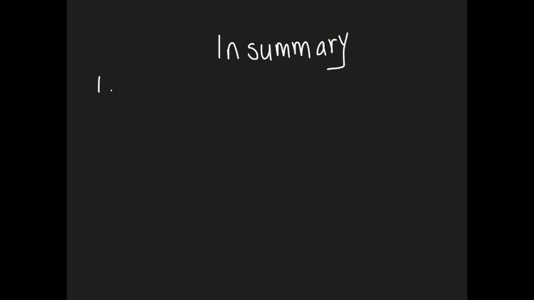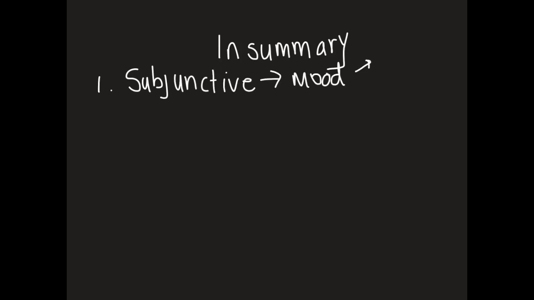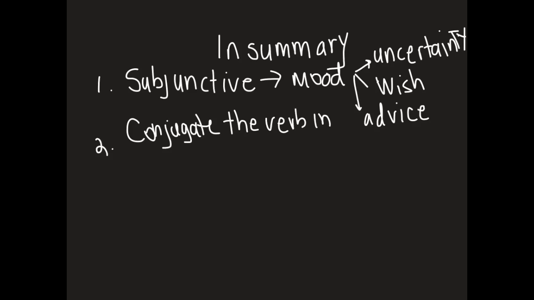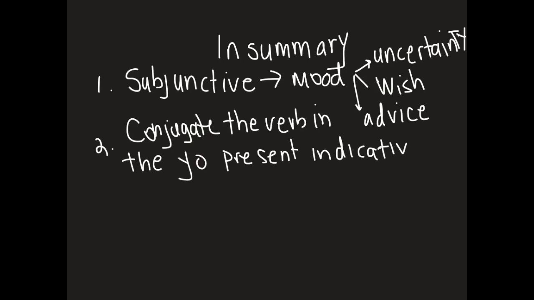So in summary, number one, the subjunctive is a mood, not a tense. And it's a mood that has to do with uncertainty, with wishes, or with advice. Second, to conjugate verbs in the present subjunctive, first, we need to conjugate the verb in the form of yo in the present indicative.